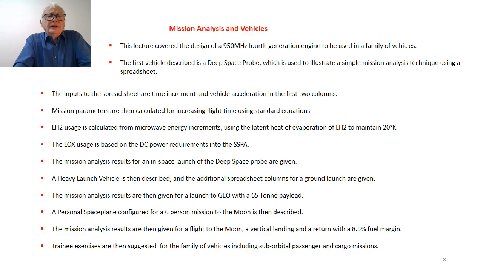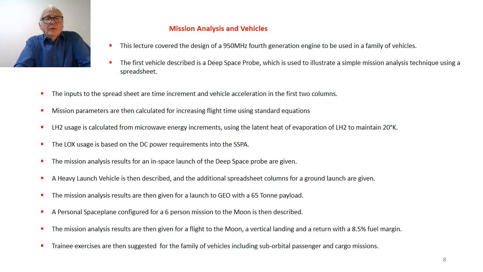We illustrated a personal space plane configured for a 6-person mission to the moon, and the mission analysis results are given for the flight to the moon, a vertical landing and a return. And one of the important outputs from the mission analysis needs to be the fuel margin you've got at the end of the mission for safety reasons.